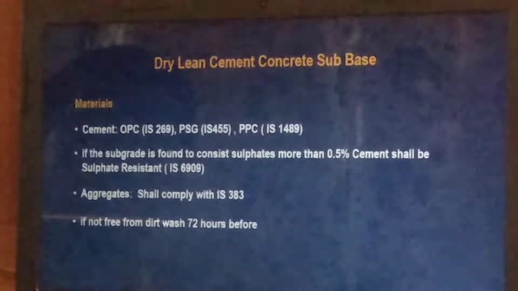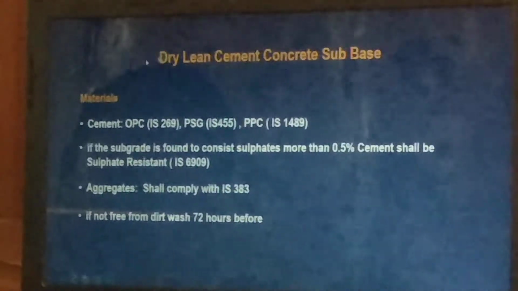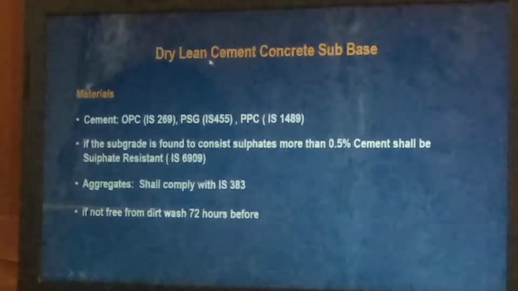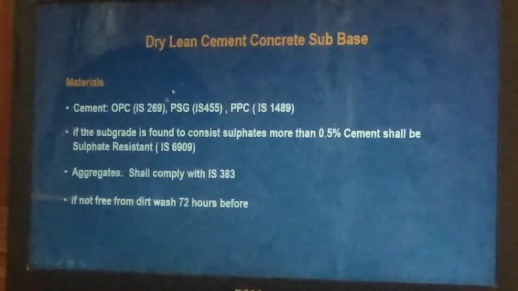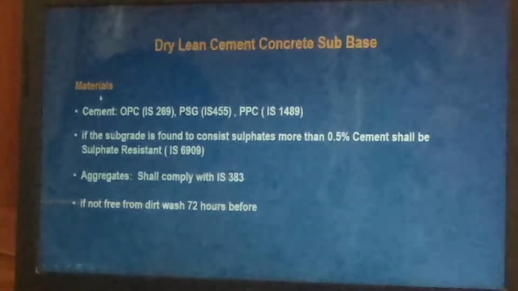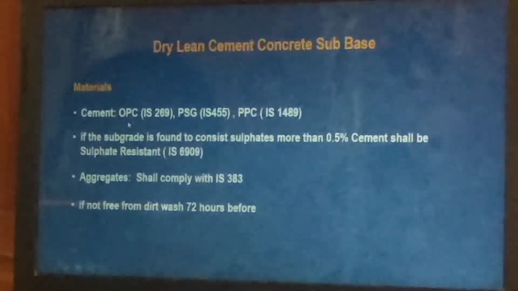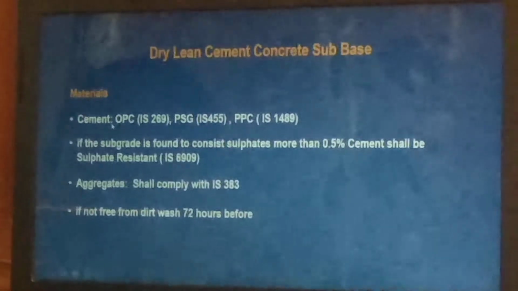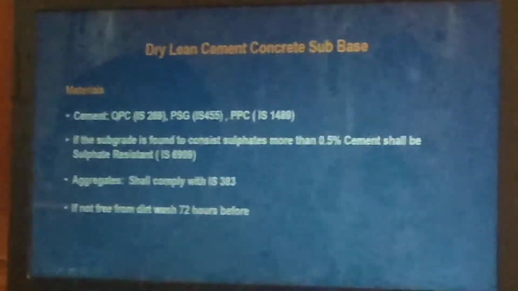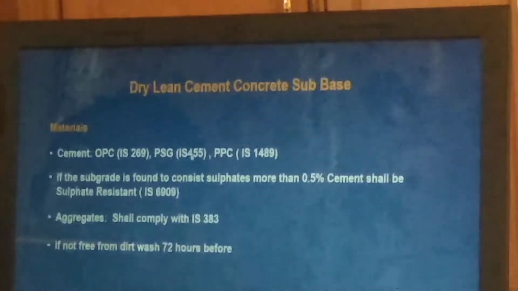Now look at the material requirements for dry lean concrete layer. Cement should conform to any of these: OPC, PSC, PPC.